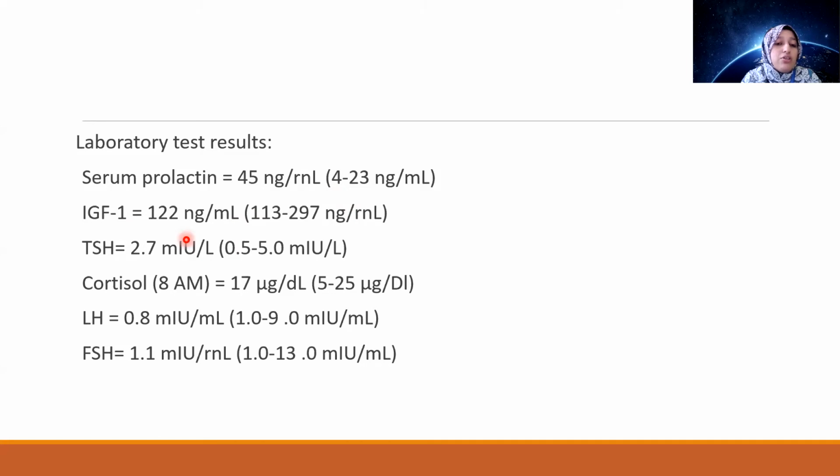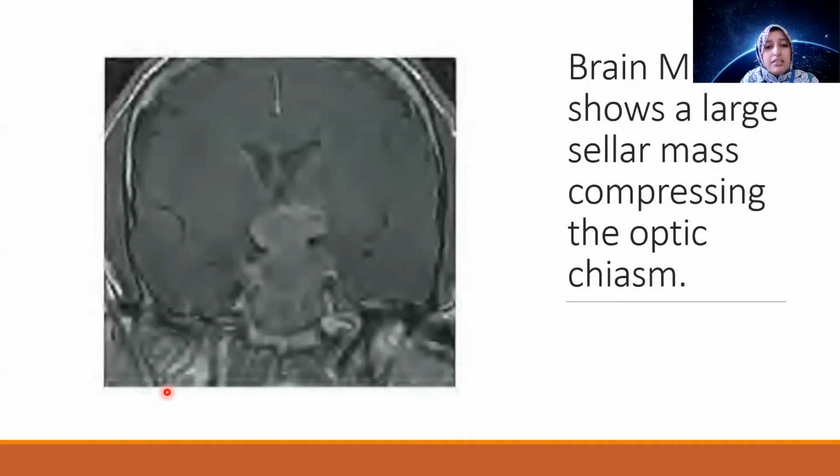IGF-1 is 122, TSH is 2.7, AM cortisol is 17, LH and FSH are on the low side or below the range. This is the MRI of the brain, which shows a large sellar mass compressing the optic chiasm. I hope you can see all. You all can see that.